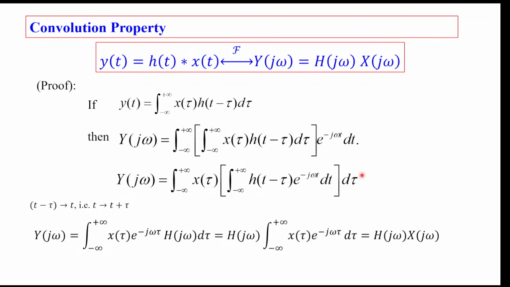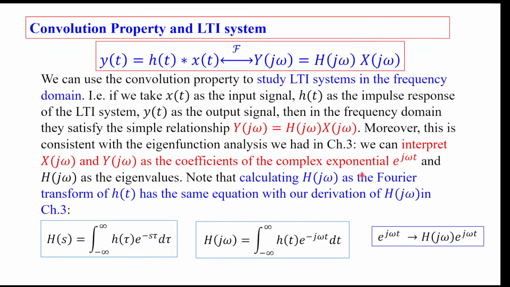The property itself is pretty straightforward. What's interesting is its interpretation on an LTI system. This is why we write small h and small x here. This should remind you that y equal to small h convolved with small x looks like an equation for an LTI system.